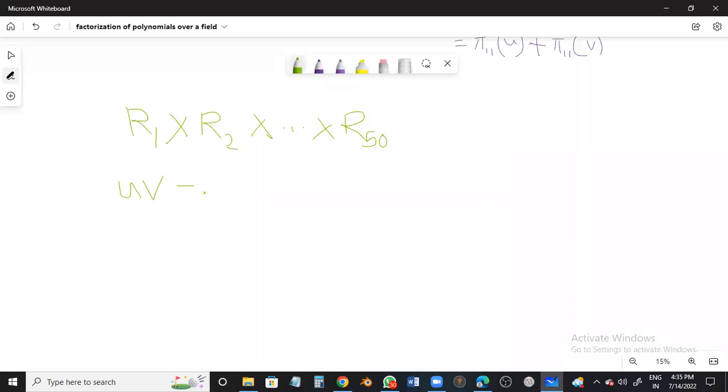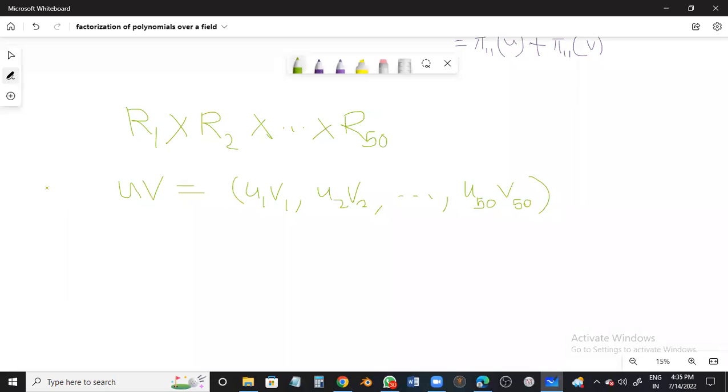How do you define this product? Product goes component-wise: first component into first component, comma, second component into second component, comma, and so on, the last component into the last component. Do you remember this? This product goes component-wise.